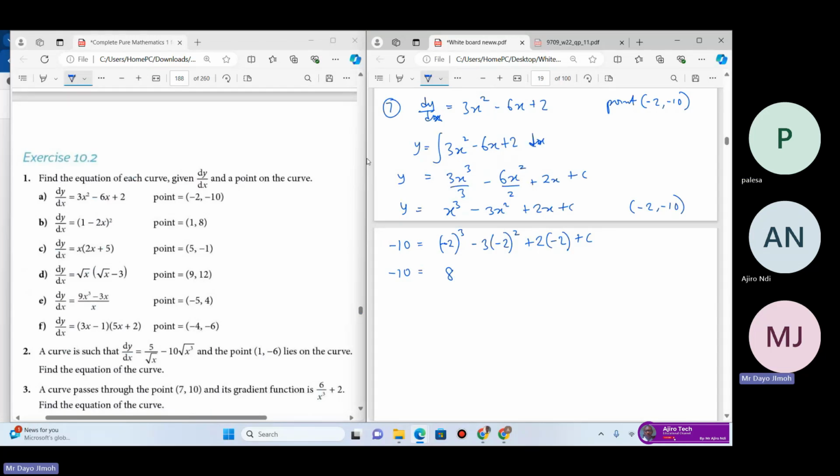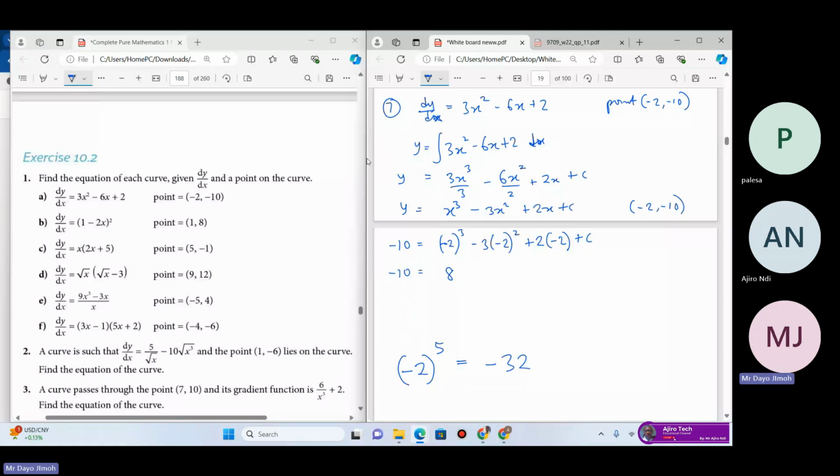If the power is an even number, the answer will always be positive, whether the number is positive or negative. But if it is an odd power, your answer will have the same sign as the number. So minus 2 raised to power 5 is going to be negative 32, because 5 is an odd number.